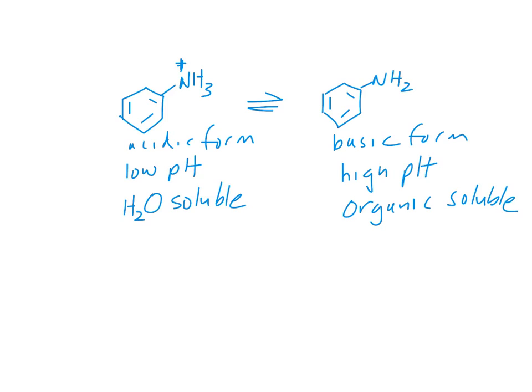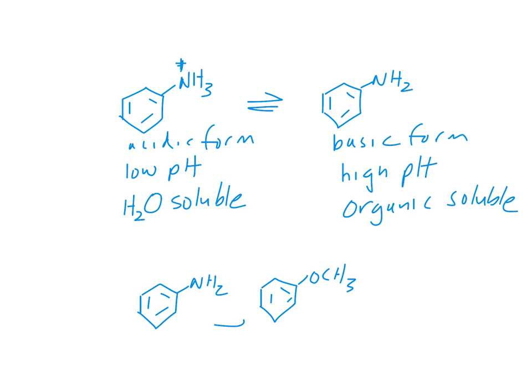All right? So we could use the same type of separation to separate aniline from, let's just use anisole again. We could separate these two using a similar type of strategy. All right?